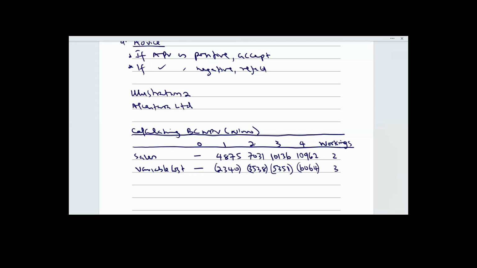Then we have fixed overhead. For the first year is 1540, followed by 1575 for the second year.